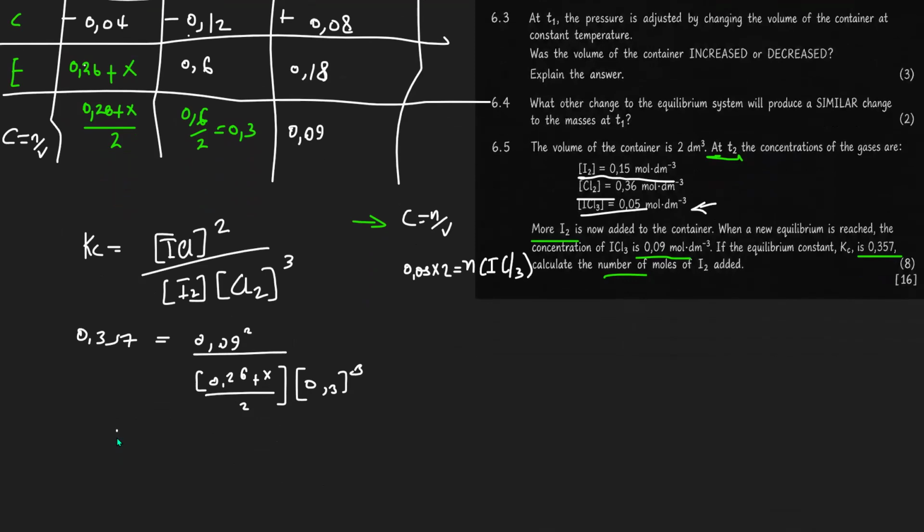You can see we're doing the math: 0.26 and then plus X. I'll have 2 multiplied by 0.09, all squared, divided by 0.3 all squared, multiplied by 0.357, and then minus 0.26 on both sides.